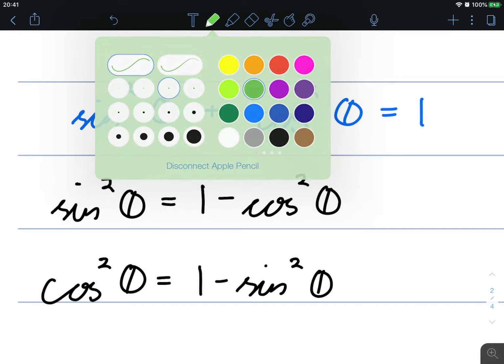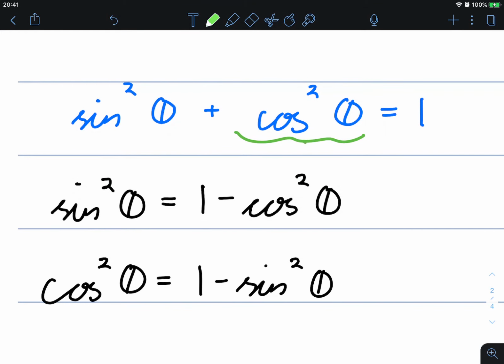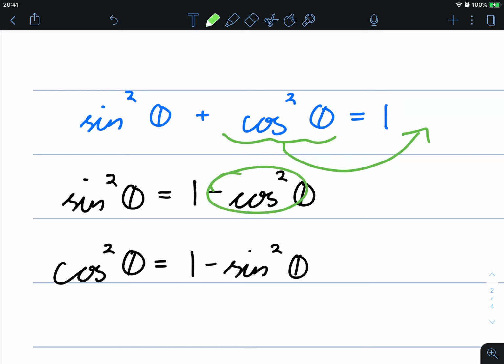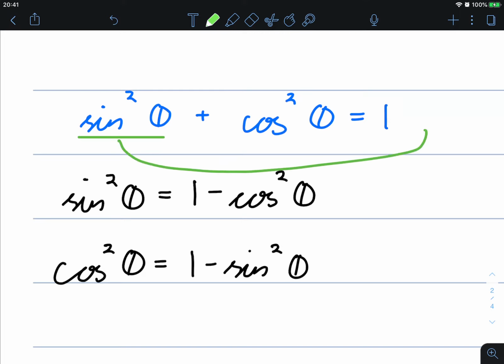If we take cosine squared and move it to the other side of the equation, it becomes minus cos squared. So we get sine squared theta is equal to 1 minus cosine squared theta. And if we do the same for sine squared, if we move this to the other side, it will become negative sine squared theta, leaving us with cosine squared theta equaling 1 minus sine squared theta.